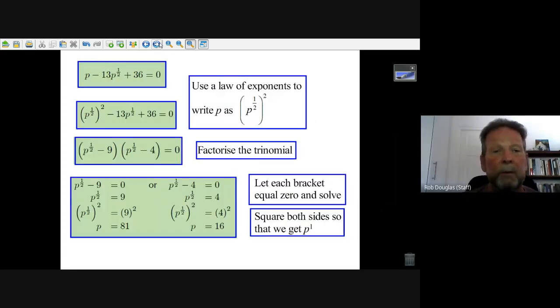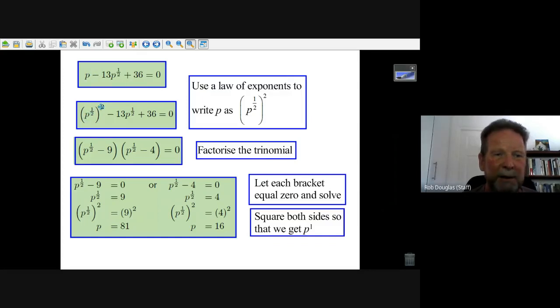Just look at these notes really carefully and you should be okay. Now, this question looks hard, but there's just a simple trick, and you get used to it. You can use it again and again. This is a trinomial, but how is this something squared? Well, if we take p to the 1/2 power, and then we put it to the 2nd power, 2 times a half is 1.